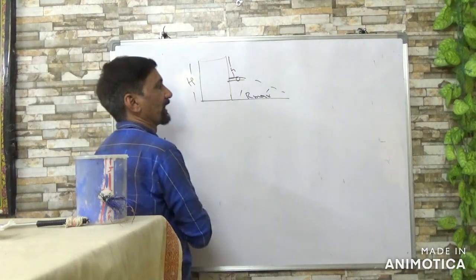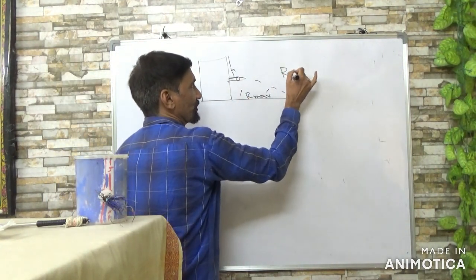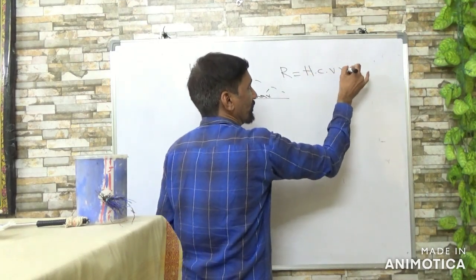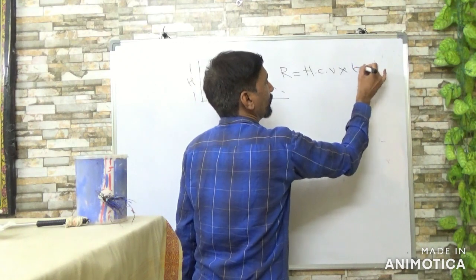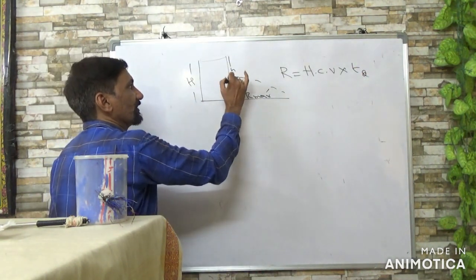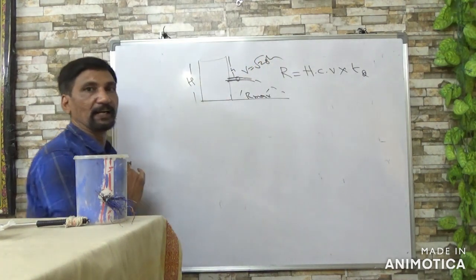You must have studied projectiles in kinematics. Range is always the horizontal component of velocity into time of flight, right? Here the velocity gained, from the derivation we just completed, is under root 2gh.